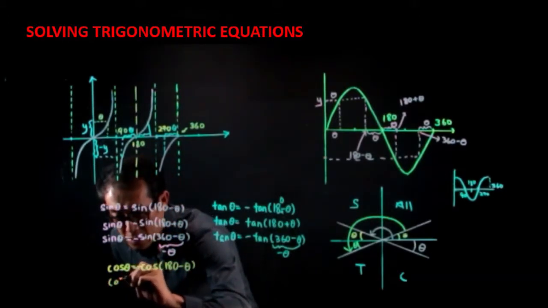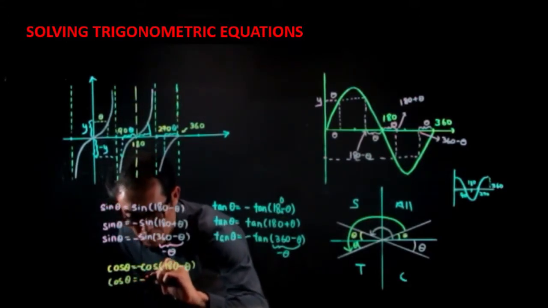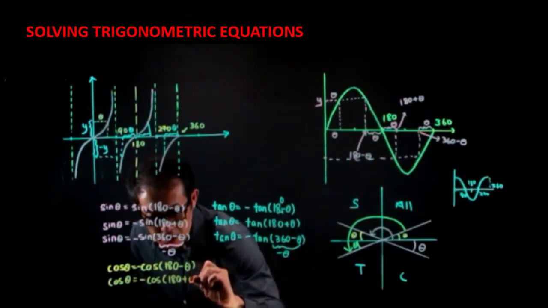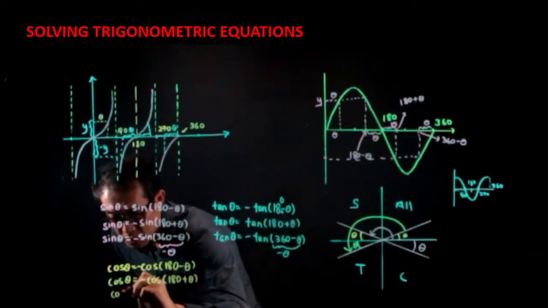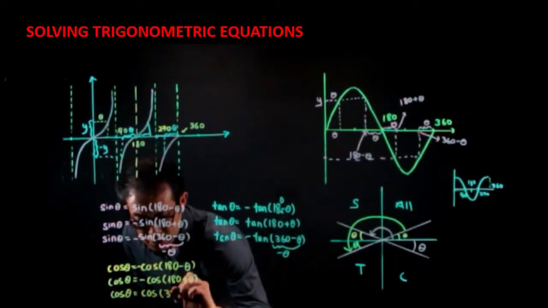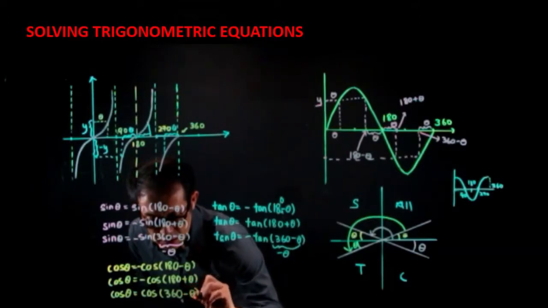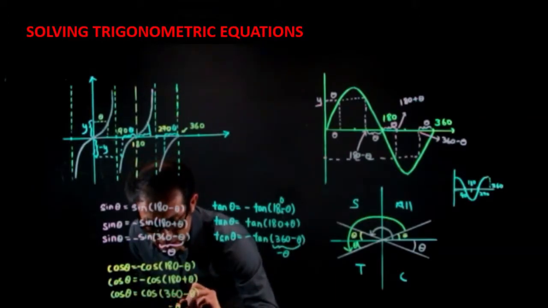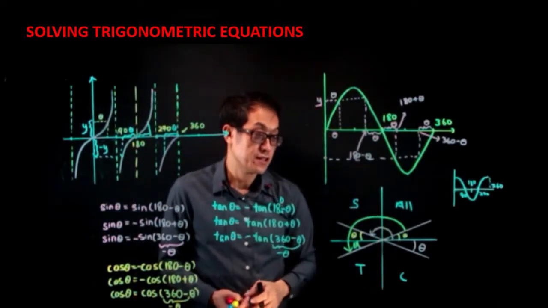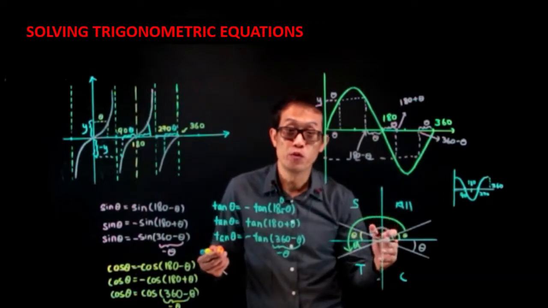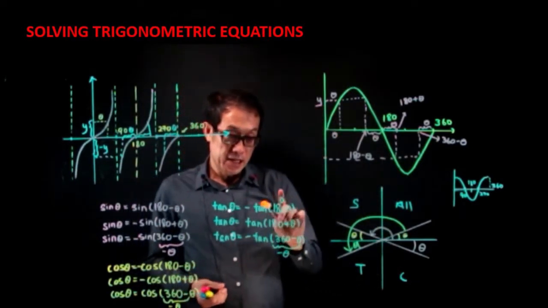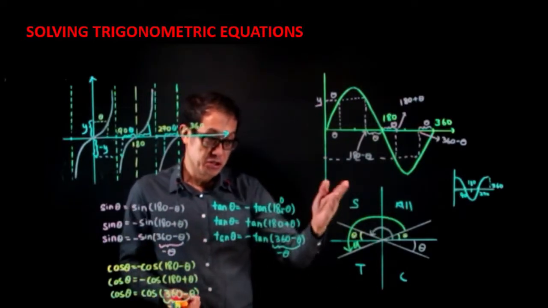Cos theta will be equal to minus cos 180 plus theta. Cos theta will be equal to cos 360 minus theta. It's a whole bunch of things which seems quite impossible to remember, but there's a way to do it. Let me just teach you.